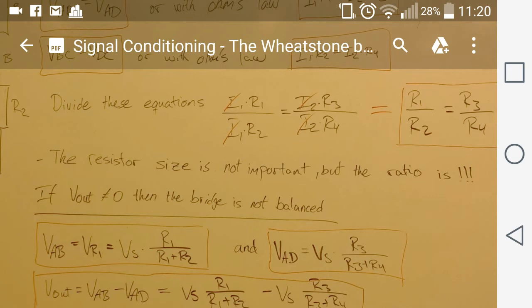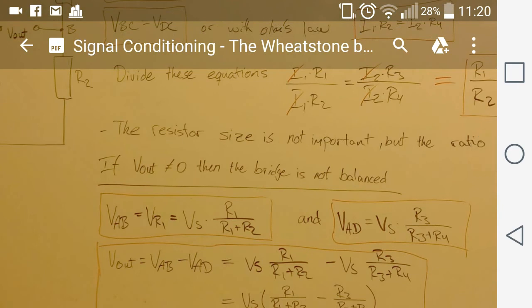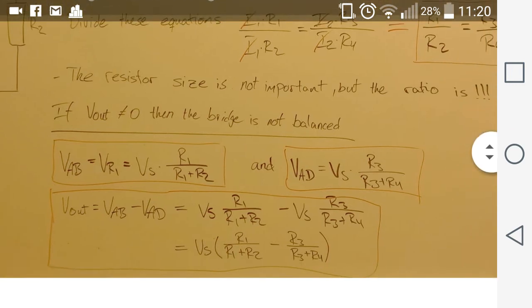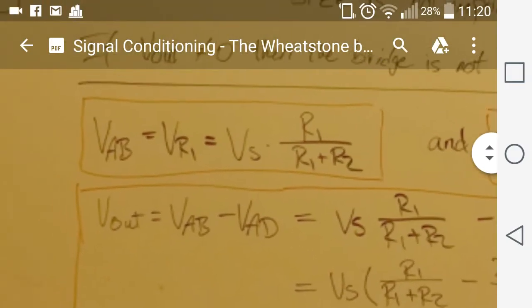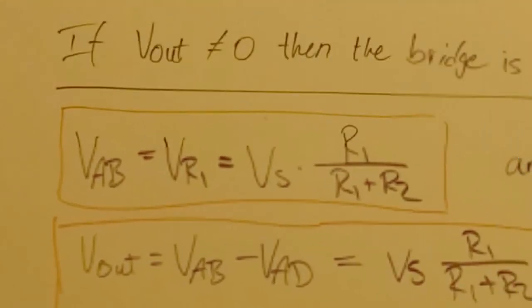Now, if we were to say that the bridge is no longer in balance, then we can say that the voltage AB and AD are not equal anymore, and we want to find the voltage drop over each. Then we would do it this way for voltage AB, which is the voltage over resistor R1. And here you can think about the voltage divider.